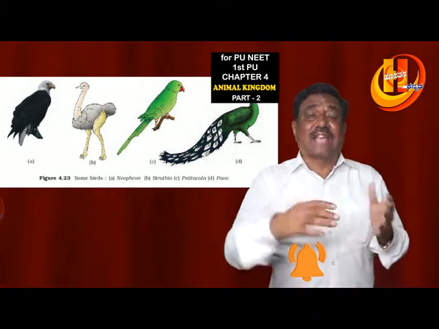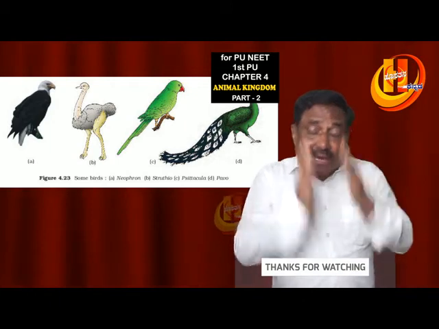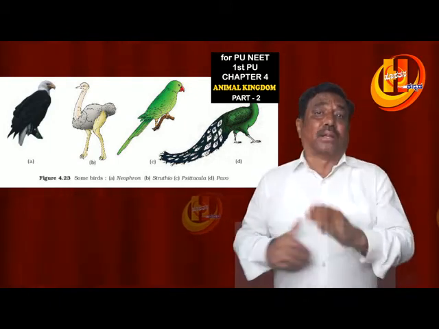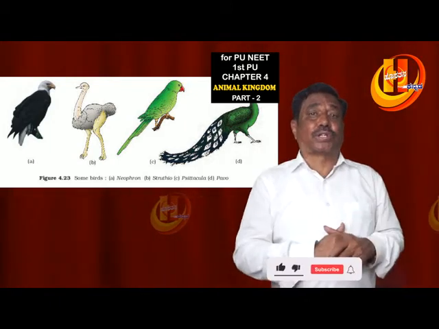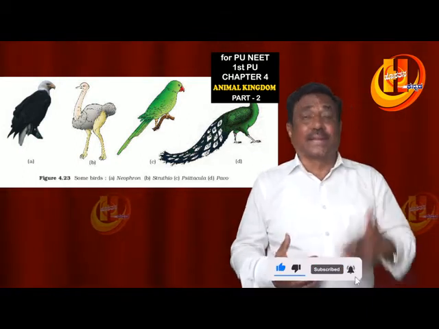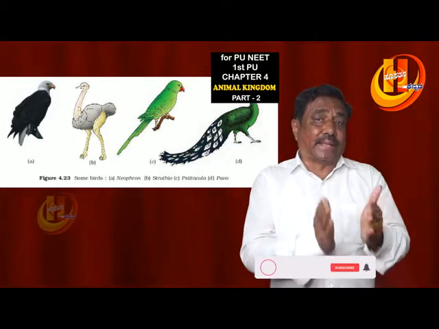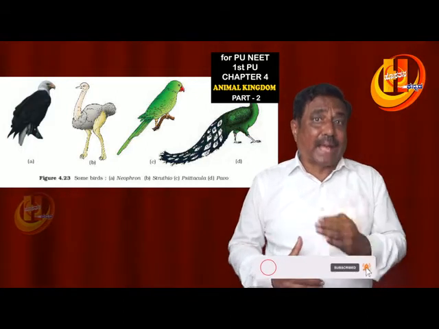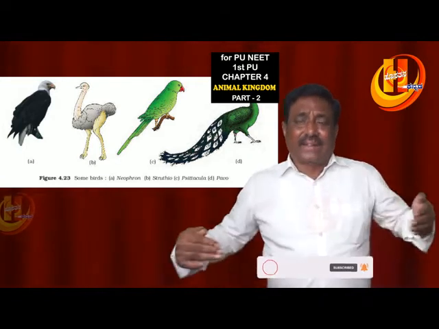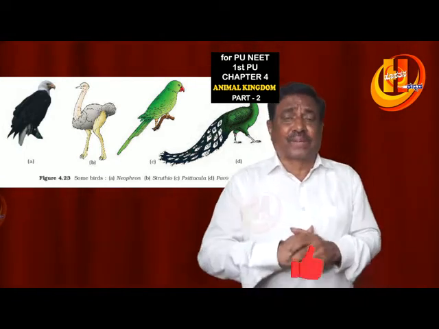Here the bones have air-filled cavities, such bones are called pneumatic bones. Heart is 4-chambered, respiration takes place through lungs, and fertilization is internal, and they are oviparous. These are the very important characteristic features of class Aves.